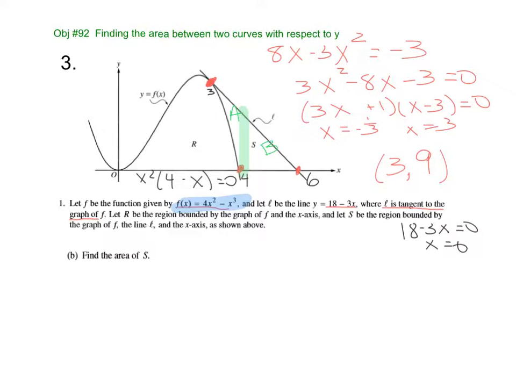Okay. So we're going to integrate from 3 to 4. The top function is the line, 18 minus 3x, minus the bottom function, 4x squared minus x cubed, dx, plus, from 4 to 6, I'm just going to integrate the line, 18 minus 3x.